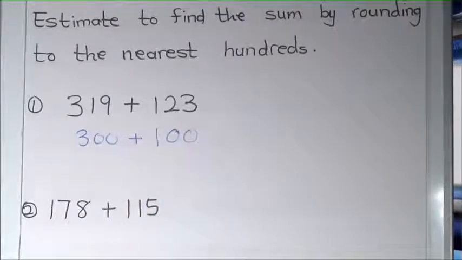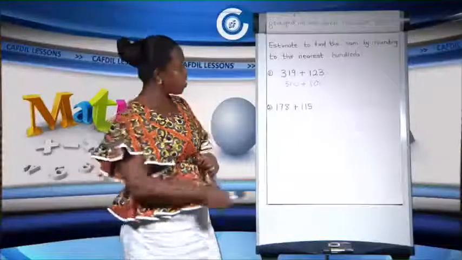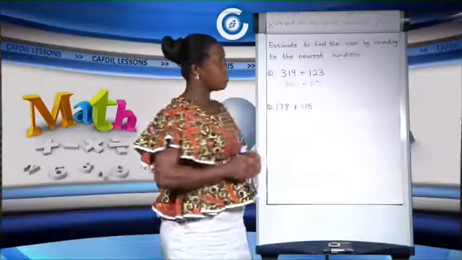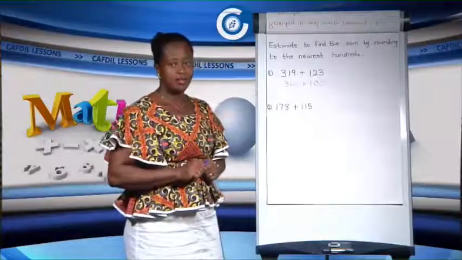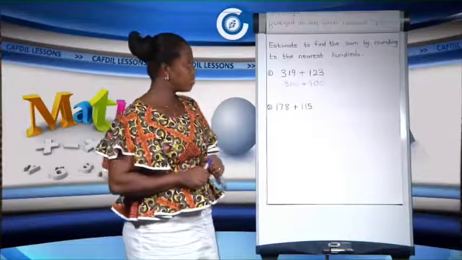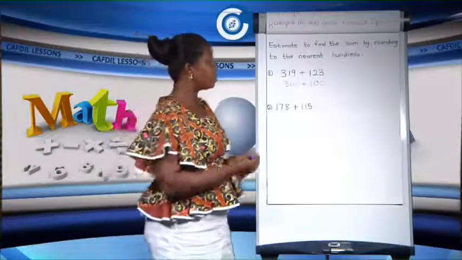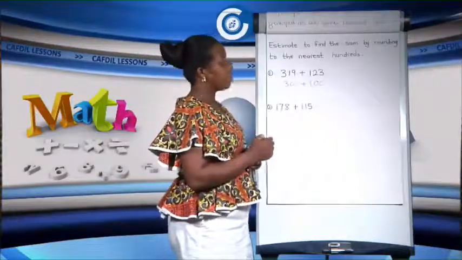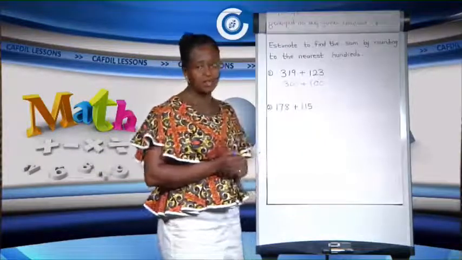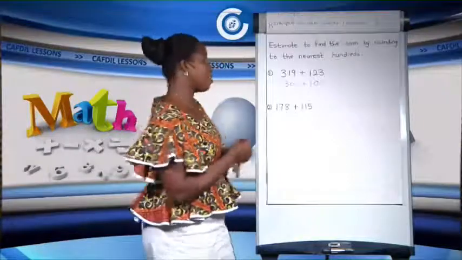So we will write our 1 and assume the rest of the digits to be zeros. So we have rounded the numbers down. We have 300 plus 100. Working with zeros is easier. So 300 plus 100 will give us, very good, 400.